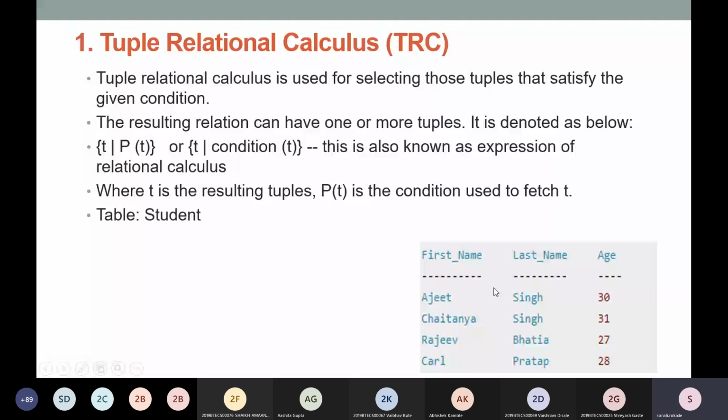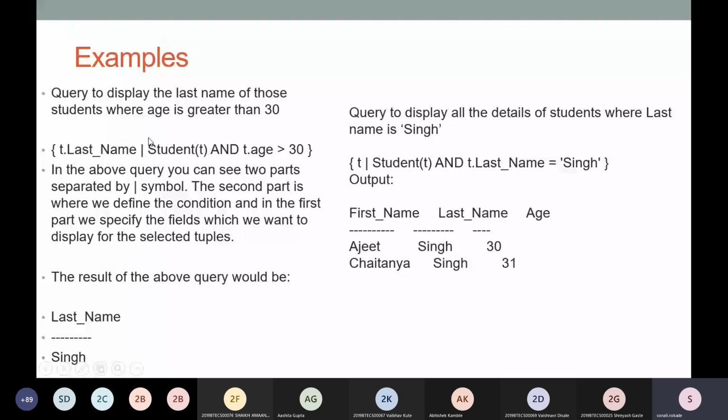Let us have an example of this. Query: display the last name of those students where the age is greater than 30. So we want to fetch the last name from the student table, and we have to apply one condition, that is those students who have age greater than 30.